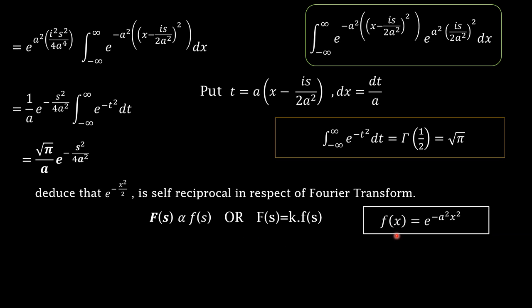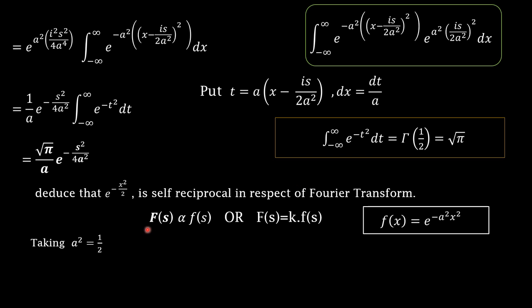Right now we have the Fourier transform of the function e to the power minus a square x square, which is given by root pi by a into e to the power minus s square by 4a square. Now to get the Fourier transform of e to the power minus x square by 2, let me just substitute the value of a square as 1 by 2 in the above expression itself.